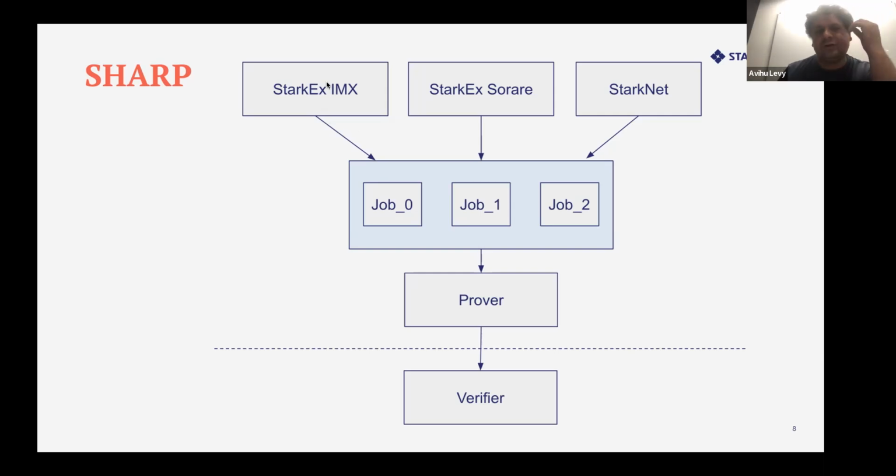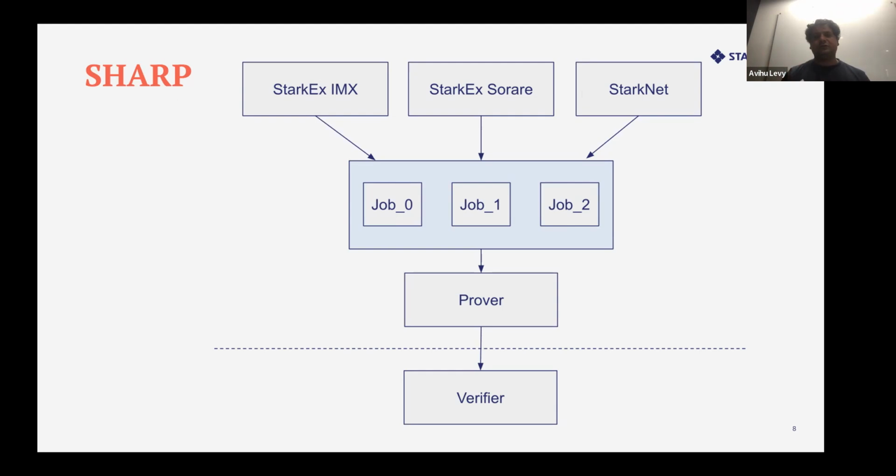And each system here that has a specific Cairo program can have the inputs for the program be a different set of transactions, obviously. And every job in this slide, a job means basically a Cairo program and the list of transactions as the input for it.